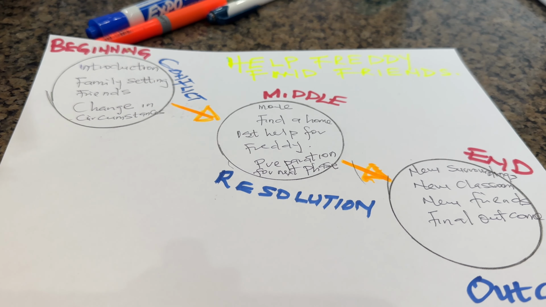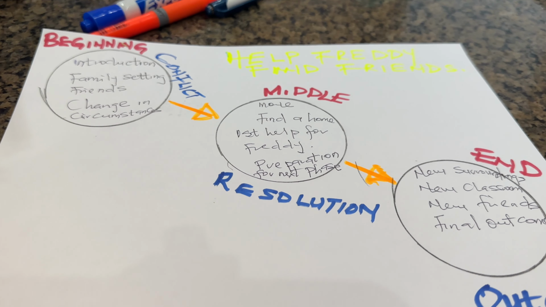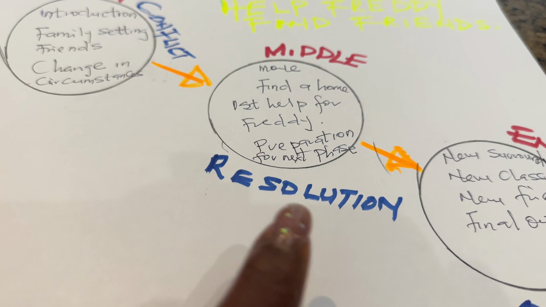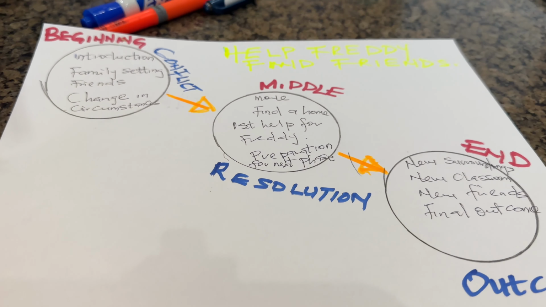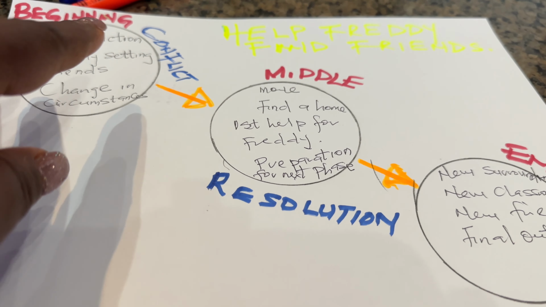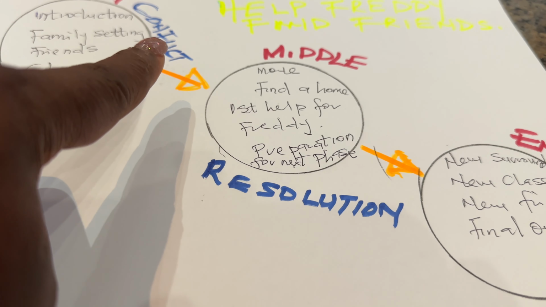This is what my outline looks like. I draw a rough sketch of what I intend doing, the beginning, the middle, and the end. And each section also represents where I want my conflict to start.